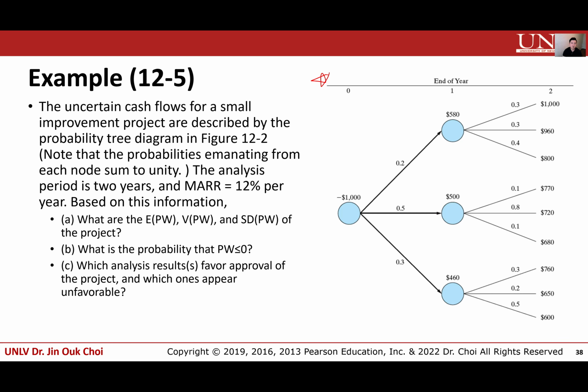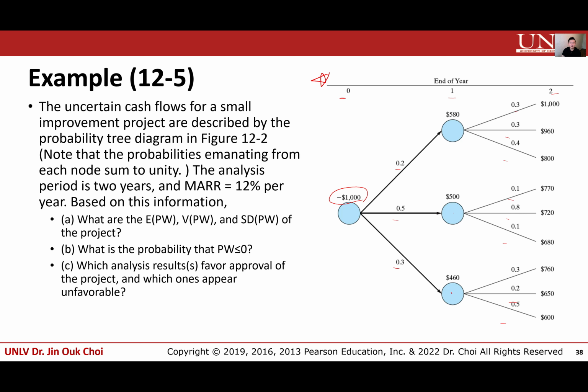So let's solve this problem one by one. Just as I explained in the past decision tree figure, we have an investment of $1,000 at year 0, and at the end of year 1 and year 2, we have all these possible revenues and associated probabilities, and from that we will start solving the problem.